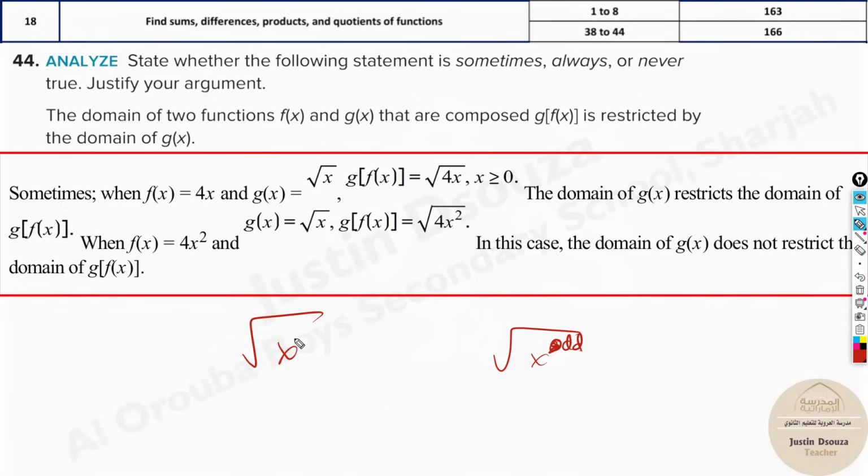But for even powers, it doesn't have any restriction. Over here, all real numbers, right? Why? Because it doesn't matter which, it'll be positive, so square root, it's fine. You will never have undefined answers. So in this case, the domain is not restricted when it's an even power. So we can't say it's always, it's only sometimes that happens, okay? Sometimes the square root will restrict it.